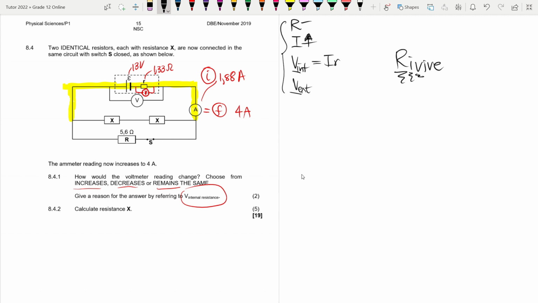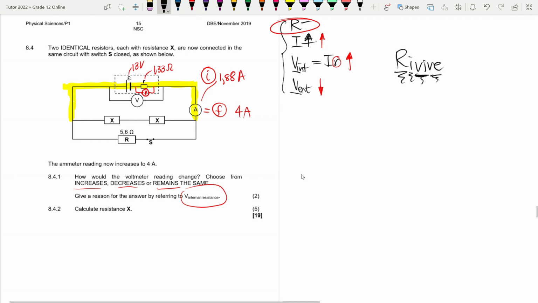When you write this like this, in this case, we don't know what happens to the total resistance, but there's a case where we'll talk about it. But we do know that the current is increasing. So current is increasing. This term, V internal, is given by current and internal resistance. Internal resistance doesn't change, which means the whole term has to increase. When that happens, it means V external has to do the opposite. So it has to decrease.